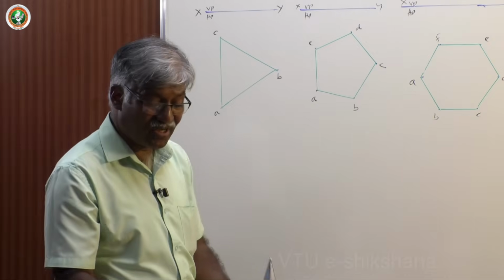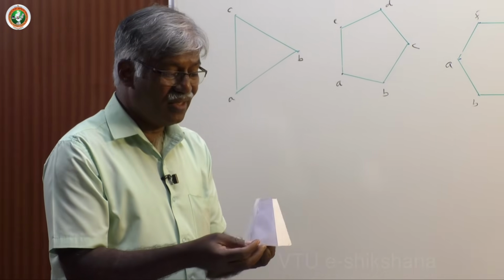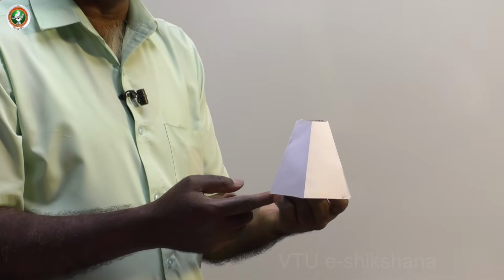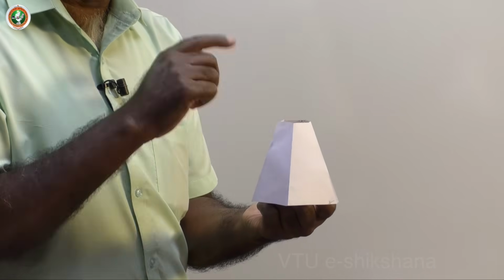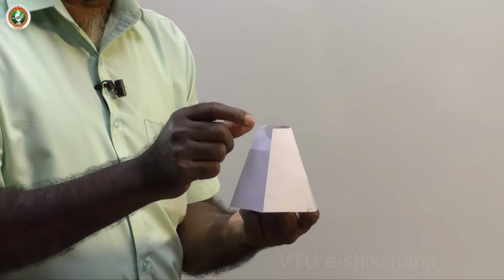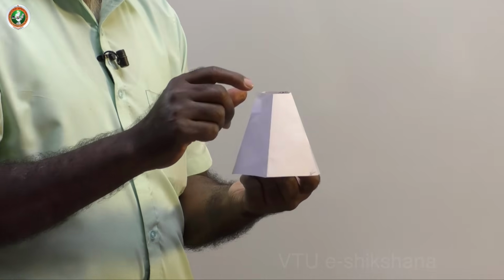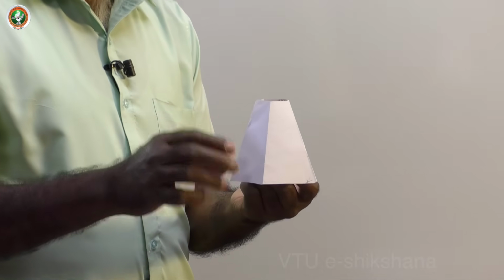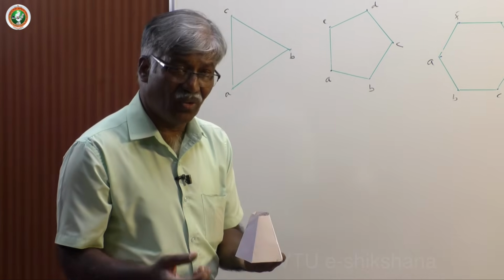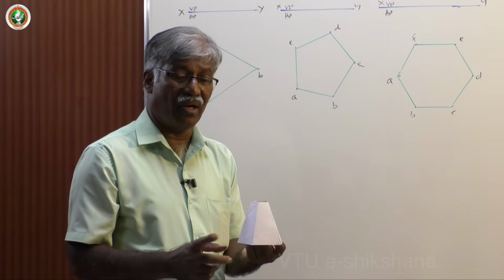Even if it is a frustum of pentagonal shape, then the base is a pentagon of 40 mm sides, say, but the top side is 30 mm or 25 mm. What best you can do is you can scale it and then create this. You don't need one more shape, one more pentagon. Whenever you need to draw other than rectangle and square, you are supposed to draw at least the top view or front view accordingly.